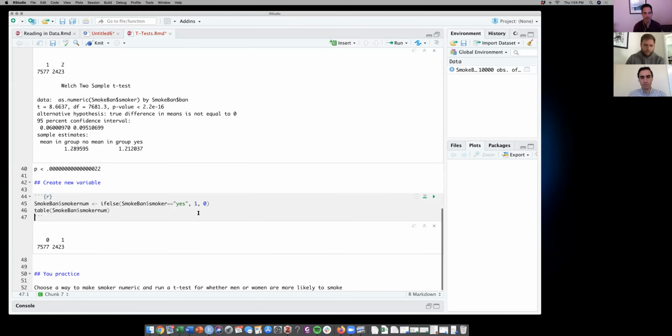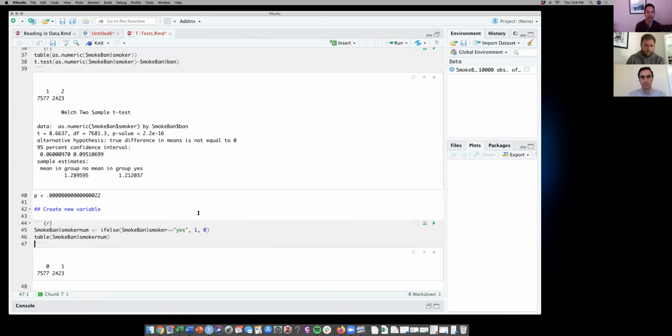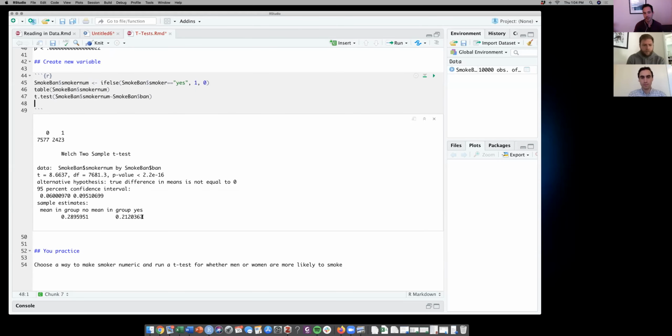And I think this is an easier way of doing it, because now smokers are coded as 1s, which makes the comparison a little bit easier. And we can rerun the t-test with this. And you can see that we get essentially the same percentages, right? Making them 2s or 1s or 0s or 1s is an automatic translation, but it makes it a little more confusing when the mean of one group is 1.29 and the other one's 1.21.